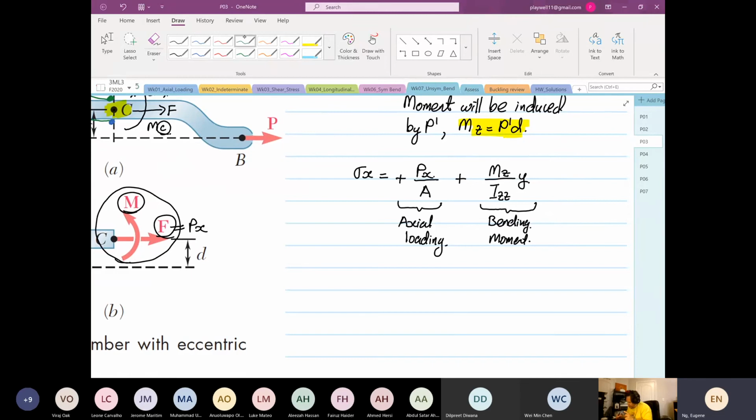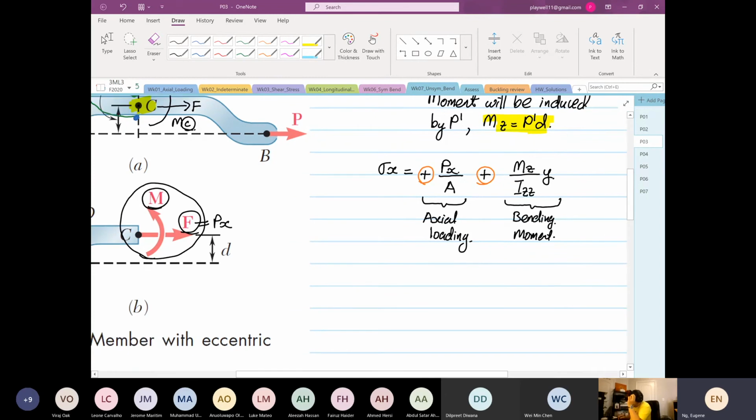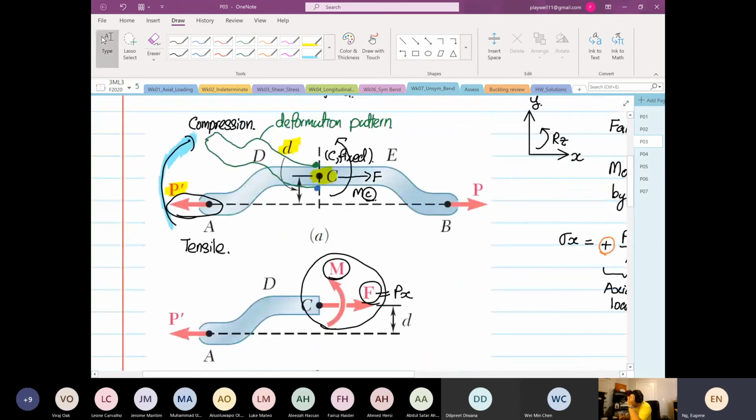But what I want you to focus on is this. When I put a circle over here, it's not always plus. So you need to analyze whether it is positive or negative, and the analysis is based on compression or tension. This is the moment vector.